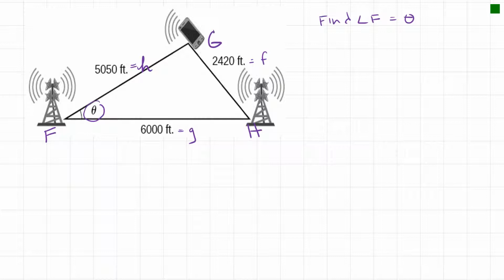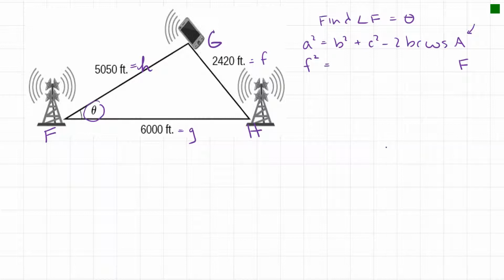So I'm going to set up my known cosine law equation and replace the A with an F because I want to find angle F. If F is replaced there, it's going to be over here as well.